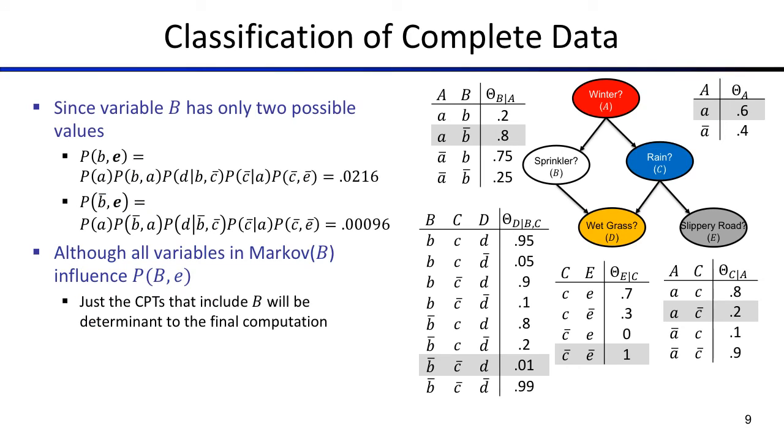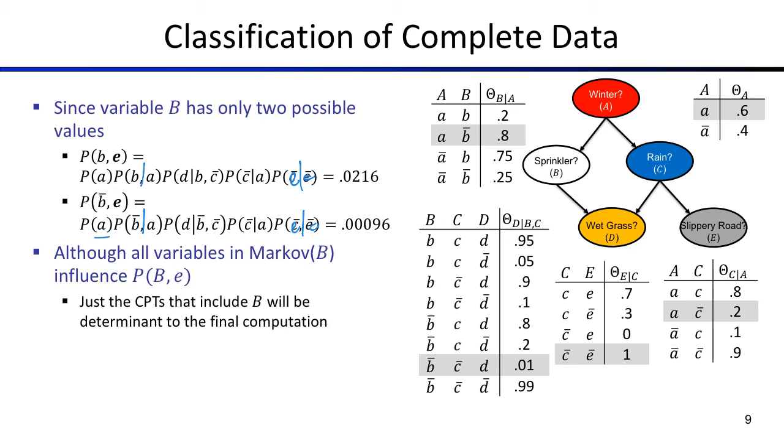Okay, and now we do the computation for not B, and it's going to be very similar. We take the chain rule for the Bayesian network, and we compute. I have to fix this. This is E, C, and this is conditional, but it's going to be very similar, right?